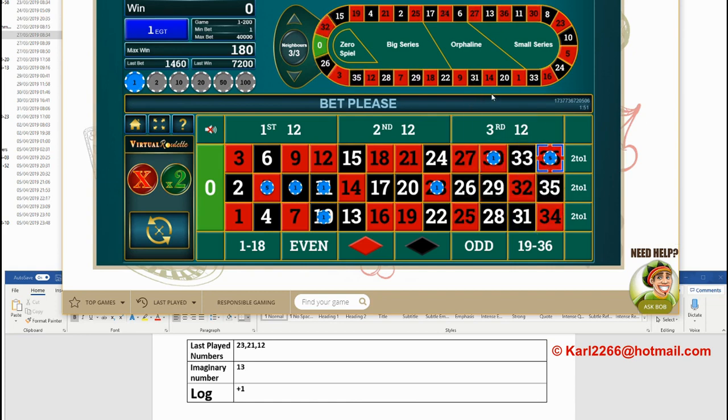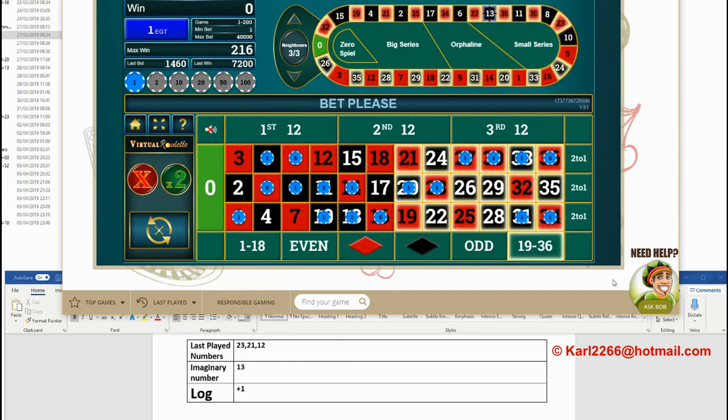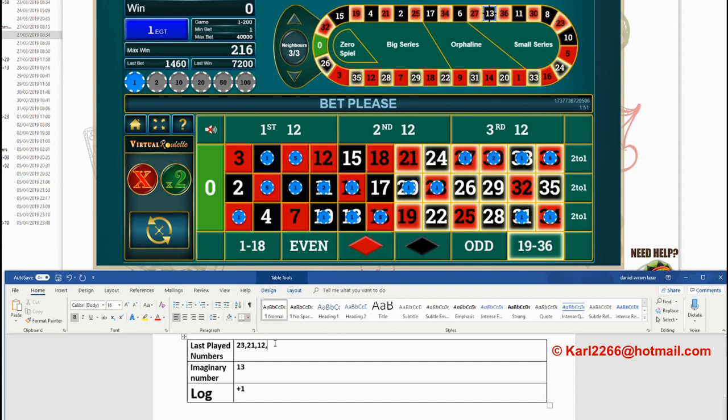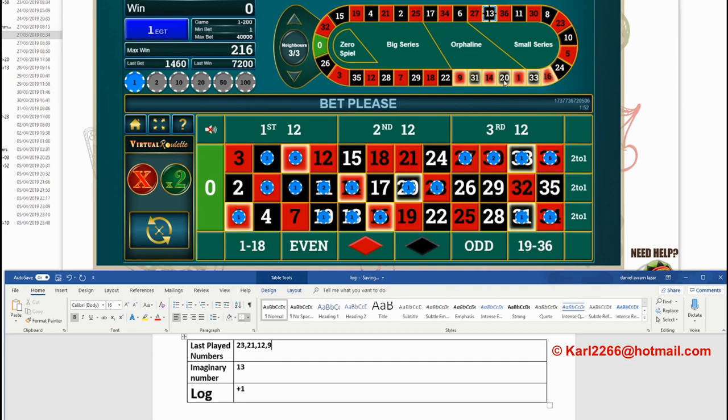And we go place bets also on 20, and we go place bets more on 9 and 16, the third neighbor. And we have to place bets also on the imaginary number 13. And after 12 we got a new winning number, which is number 9, the third neighbor from 20.